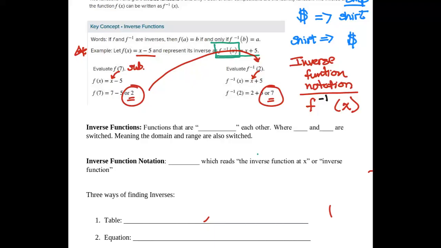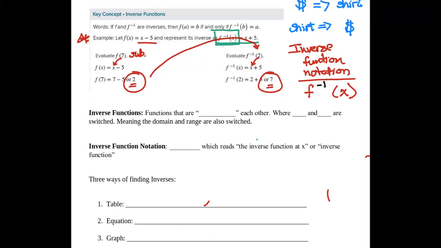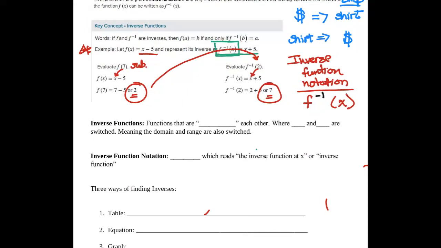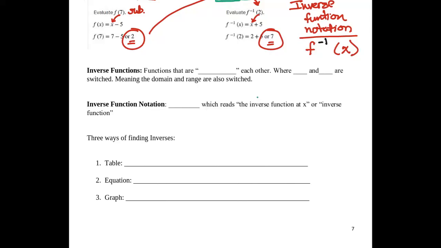So that means that's the inverse function. Okay? Inverse functions. All right, so inverse functions are functions that are inverse of each other.